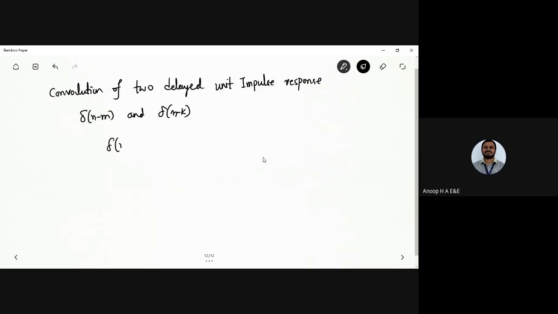Okay, so delta of n minus k convoluted with delta of n minus m, you will have delta of n minus (m plus k).